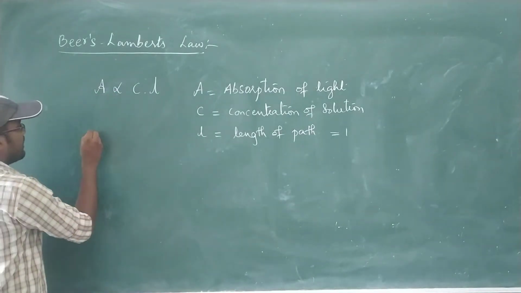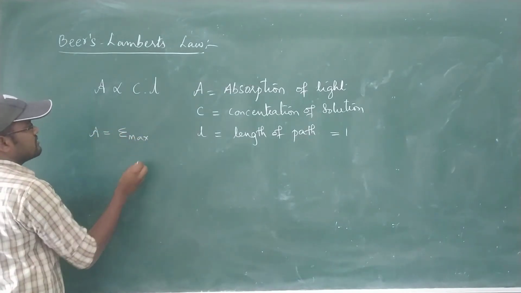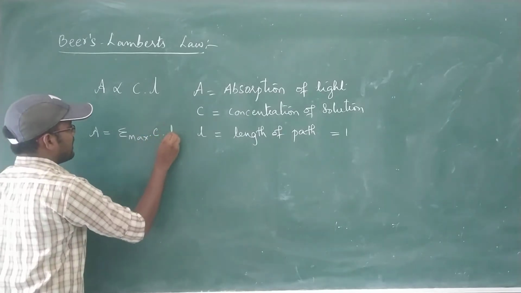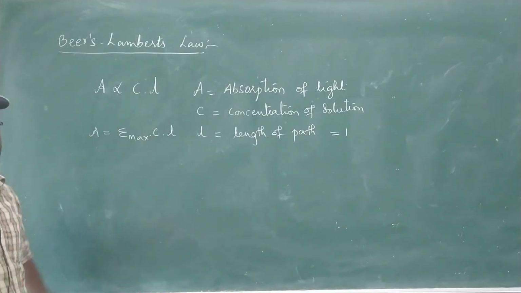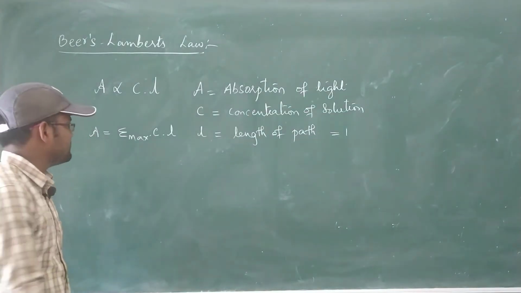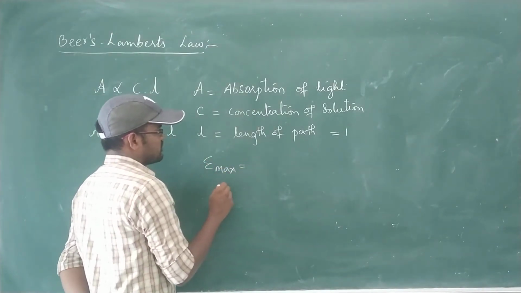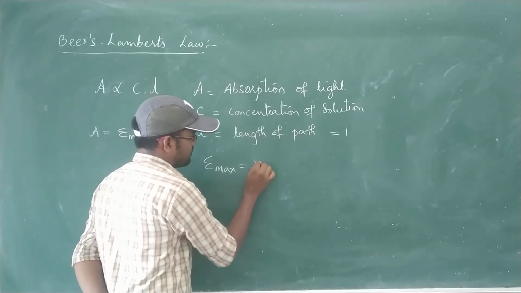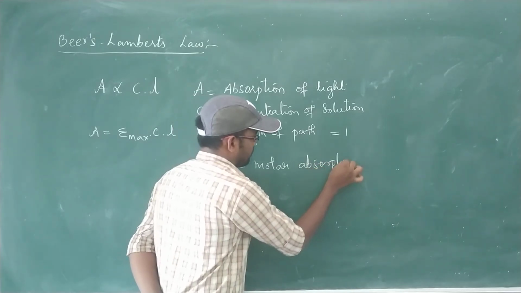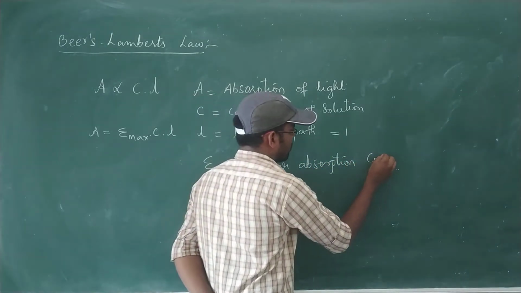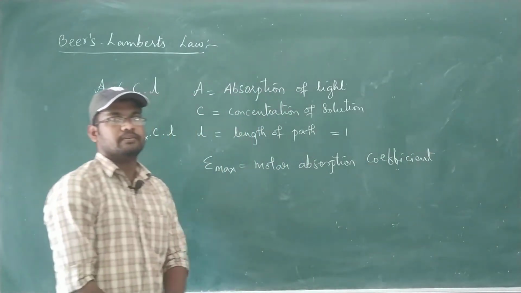So here A is equal to epsilon max into C into L. From A directly proportional to C into L, we just write A is equal to epsilon max CL, where epsilon max is equal to the molar absorption coefficient.